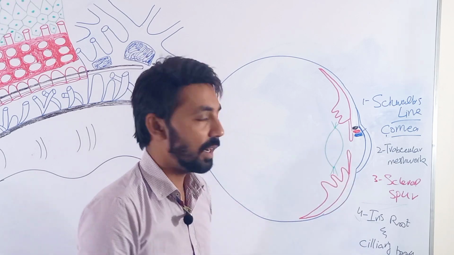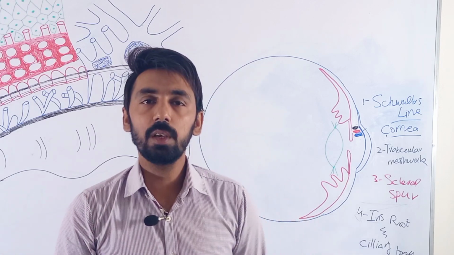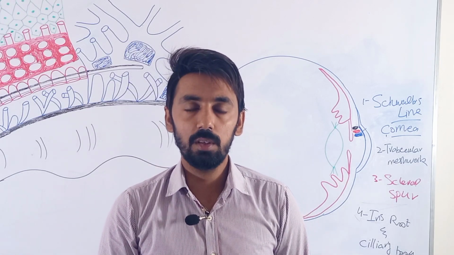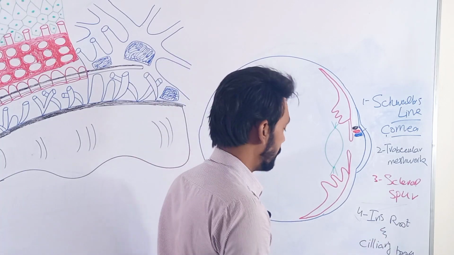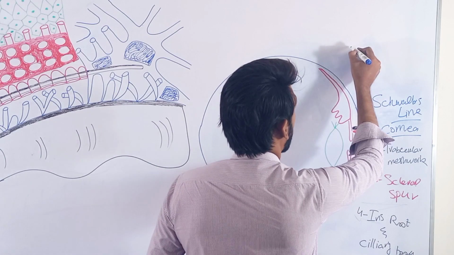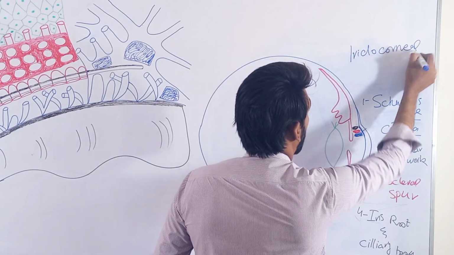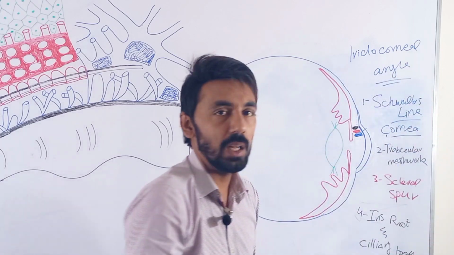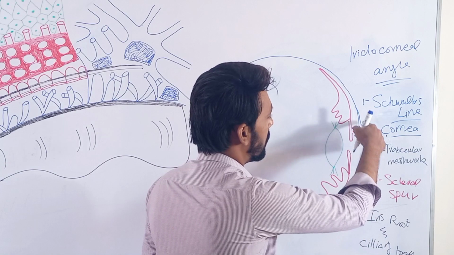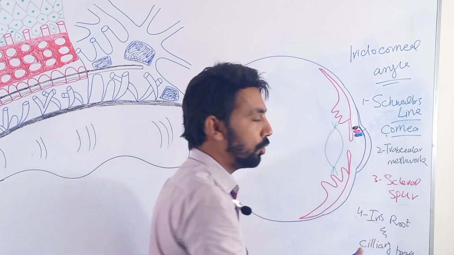There are 2 different pathways regarding the outflow, or you can say the drainage, of the aqueous humor. The first pathway is called the irido-corneal angle, or you can say the irido-corneal pathway, because this is the iris and this is the cornea.